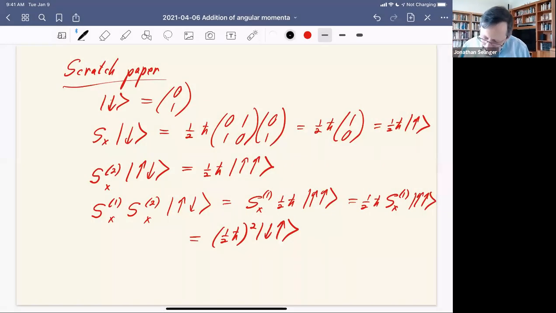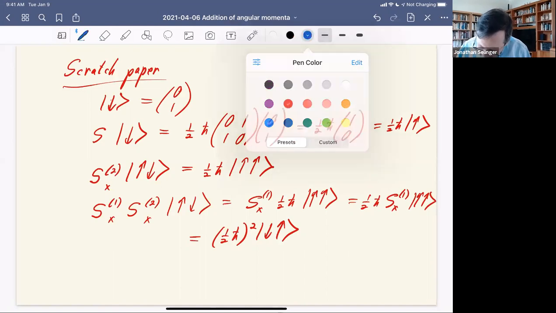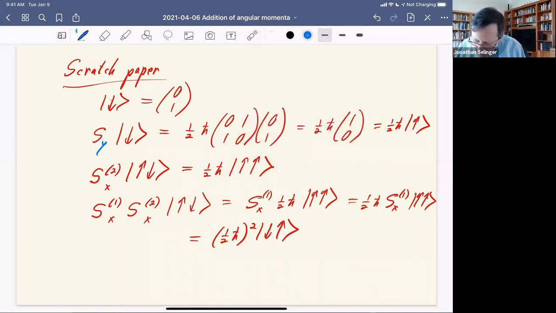So here, if I do the same thing with the y's, Sy acting on down. It's all very similar to what we had before, but we just have to watch out for the plus and minus signs. So here we have 0, minus i, 0.